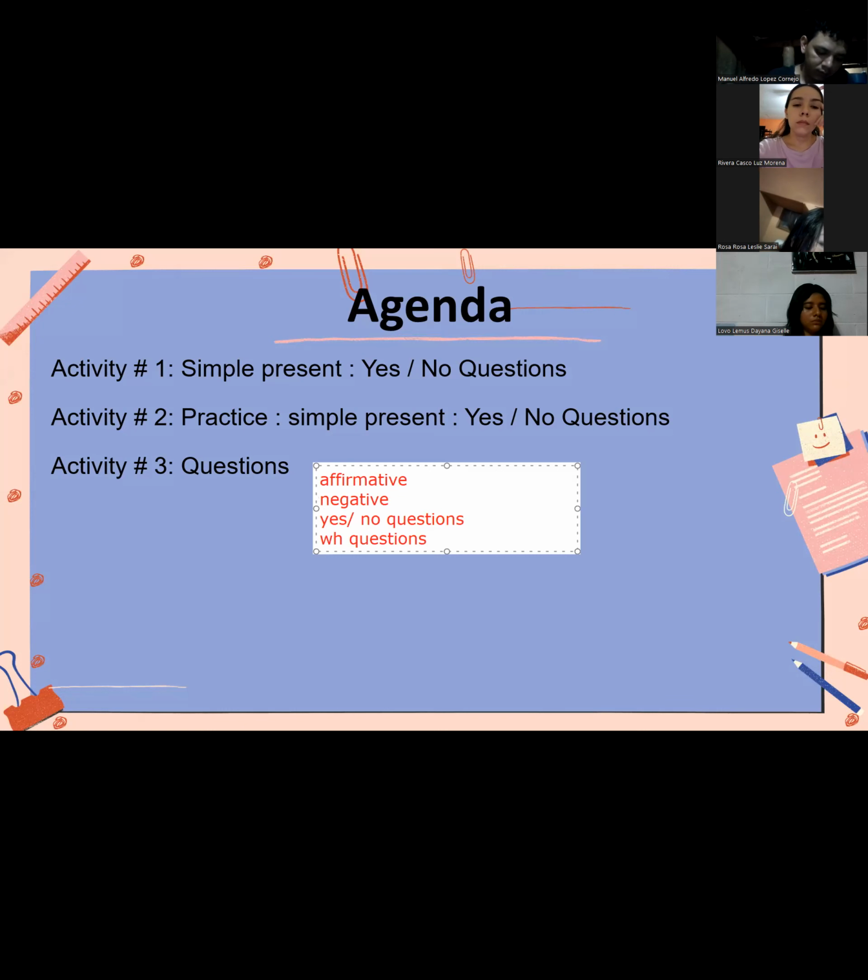If we're talking about the verb to be, we have the verb to be affirmative, negative, yes or no questions, and WH questions. Now we are talking about the simple present, and it has the same four. We already finished affirmative. Yesterday we saw negative. Today we are going to concentrate on yes or no questions, and tomorrow we are going to finish with WH questions, okay?